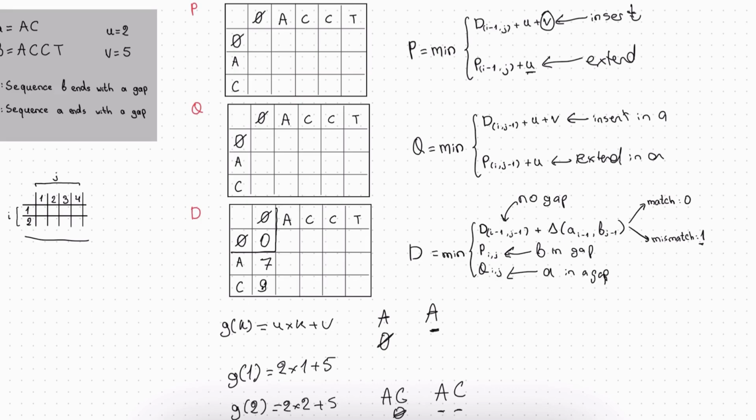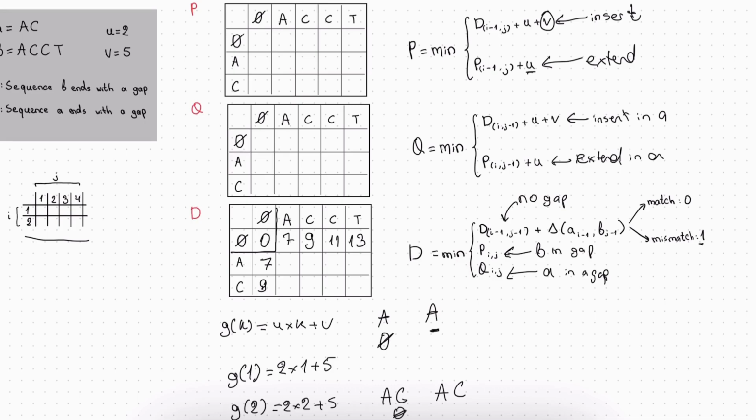Note how as we add the nucleotides in the first column, the gap penalty increases by 2. The same applies in the first row. So we would start with 7, 9, 11, and 13. This is because every time we add a new nucleotide, we extend a gap by 1 nucleotide, which costs 2.